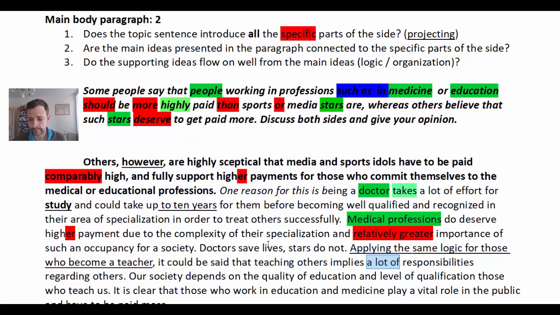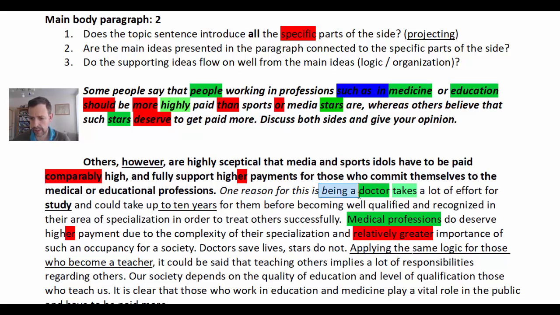So this is good. This is good because they talked about before importance for society, treat others successfully, and here we've got regarding others. So there's a good flow of ideas, a logical flow of ideas of these people doing things for others.